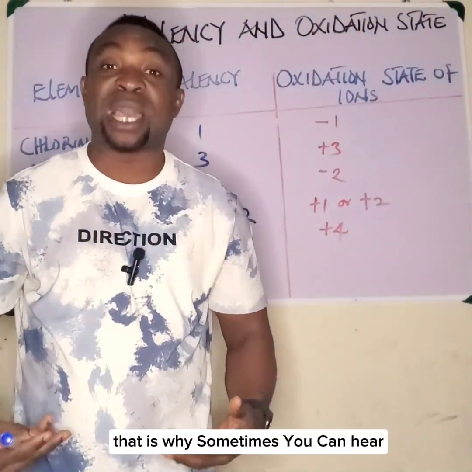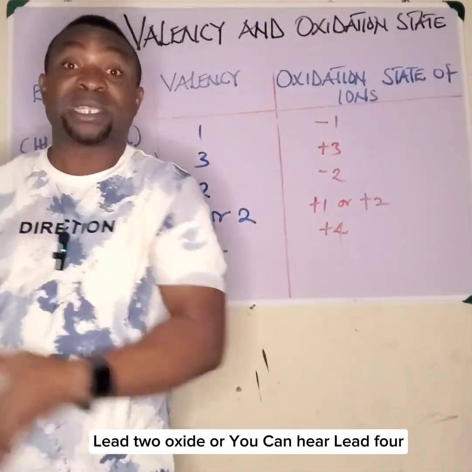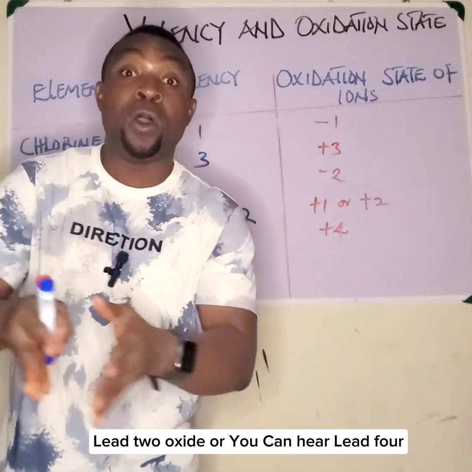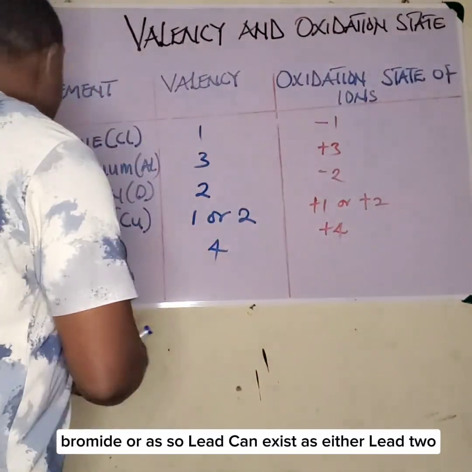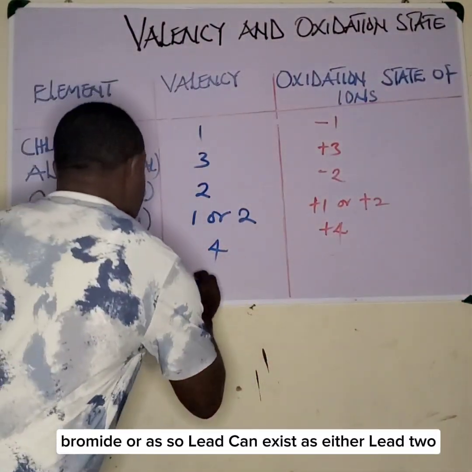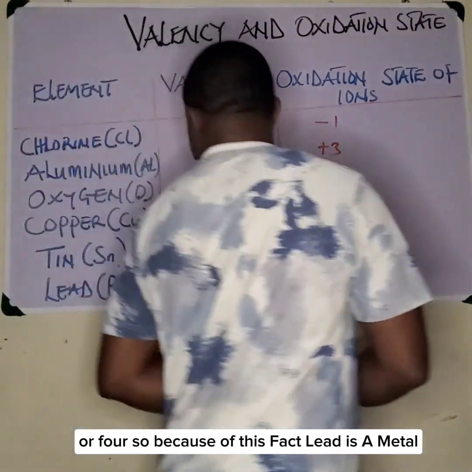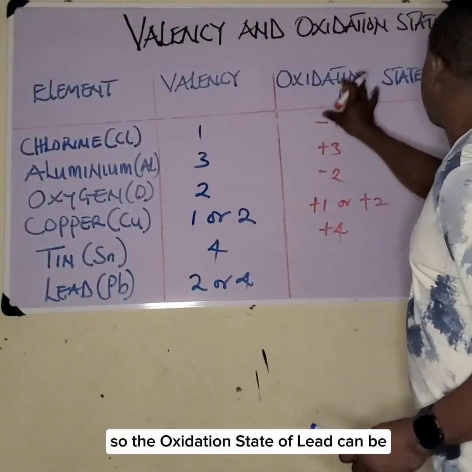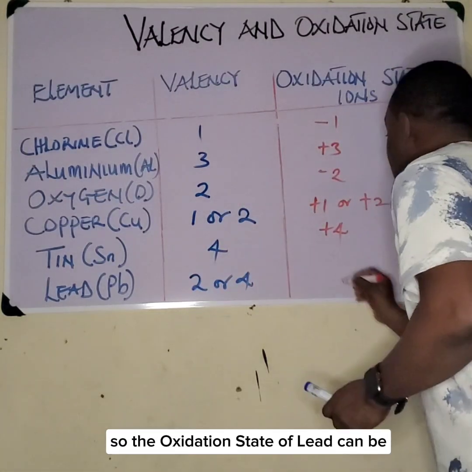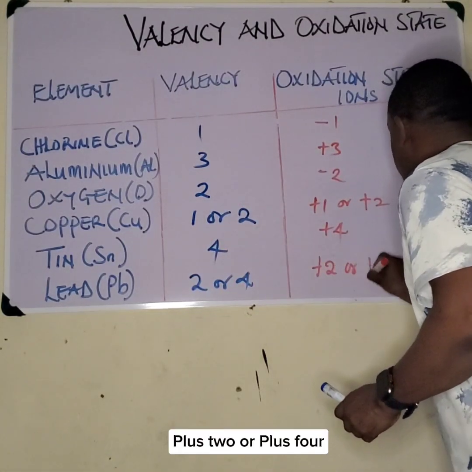That is why sometimes you can hear lead(II) oxide or you can hear lead(IV) bromide. So lead can exist as either lead 2 or 4. Because lead is a metal, the oxidation state of lead can be +2 or +4.